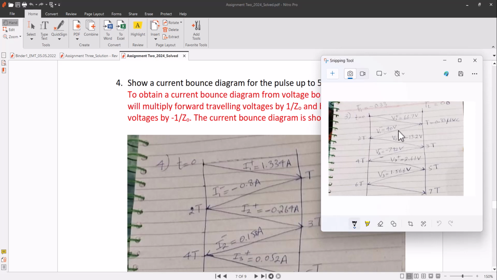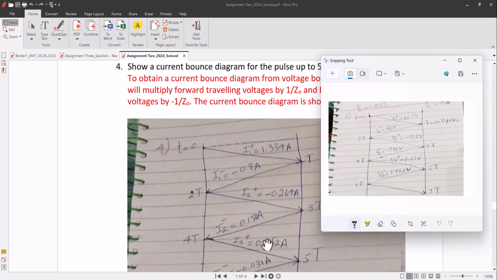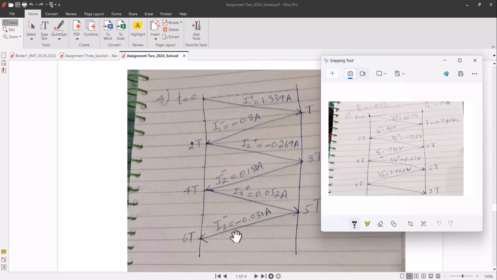Similarly here we will multiply by minus 1 over 50, and we get minus 0.8. Here we multiply minus 13.92 by 1 over 50, and we get minus 0.264. And this minus 7.92 will be multiplied by minus 1 over 50, and we get 0.158. Similarly these two currents.